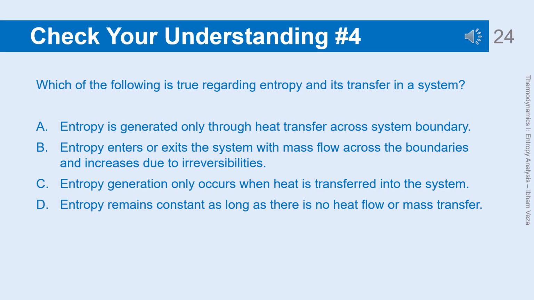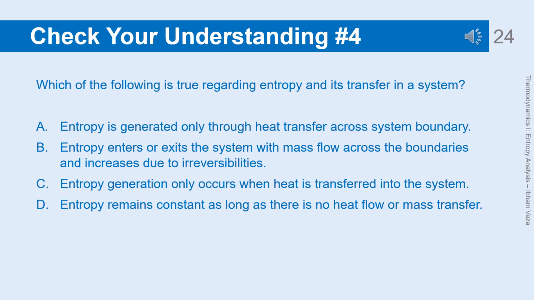Answer B. Entropy enters or exits the system with mass flow across the boundaries and increases due to irreversibilities. Explanation. A. Entropy is generated only through heat transfer across the system boundary. This is incorrect because entropy is not only generated through heat transfer, but also due to irreversibilities, even without heat transfer.